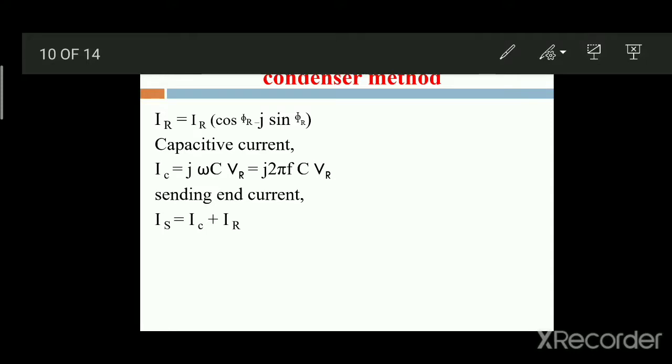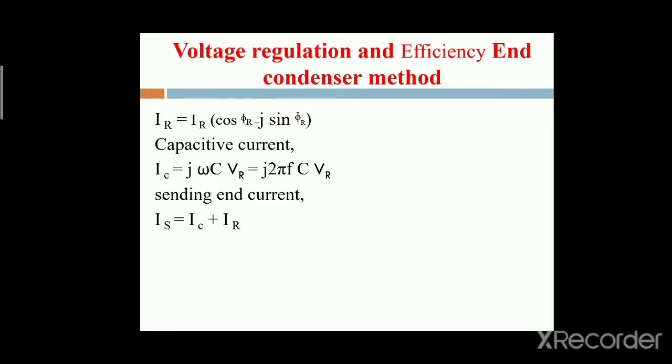Therefore the sending end current is equal to IC plus IR.